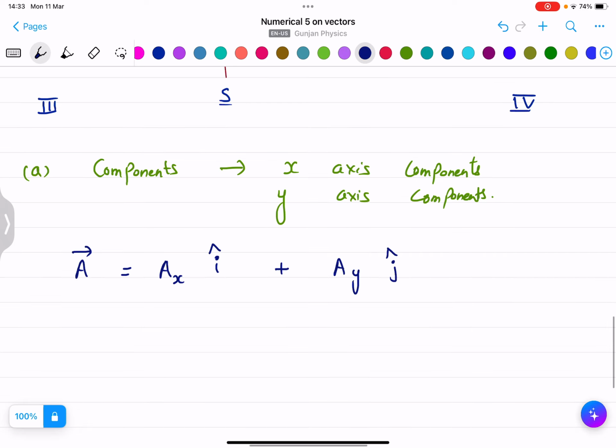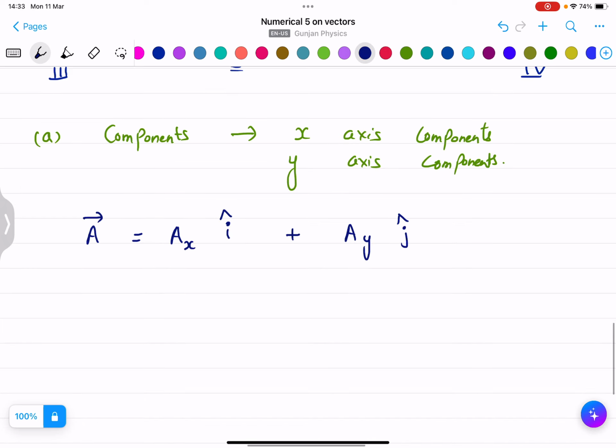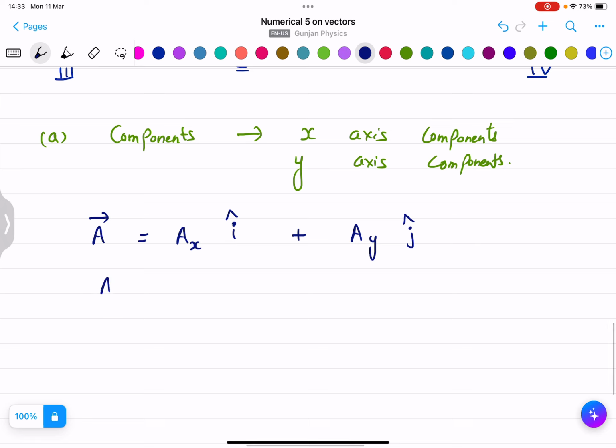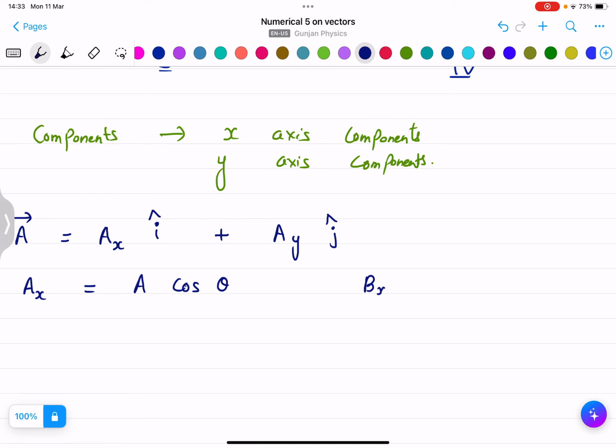I have discussed in the class, i unit vector means in the x direction and j unit vector in the y direction. So what will be my Ax? Ax will be A cos theta. And Ay, sorry, will be A sine theta.